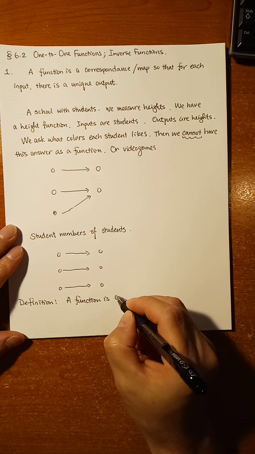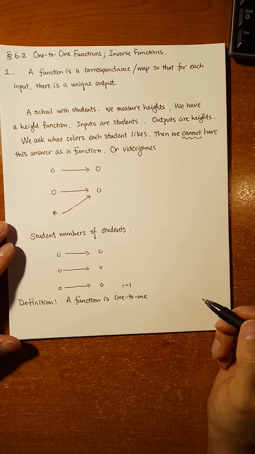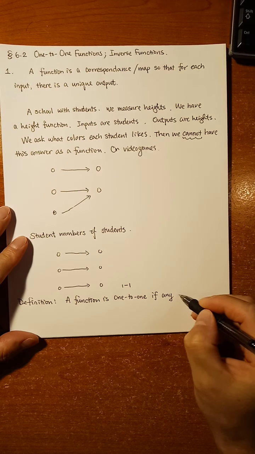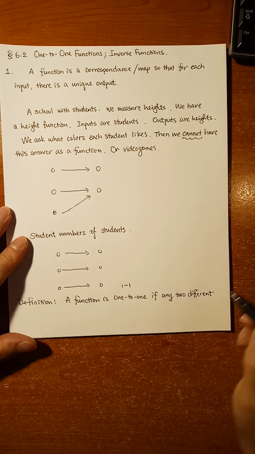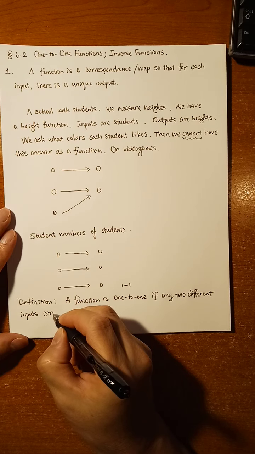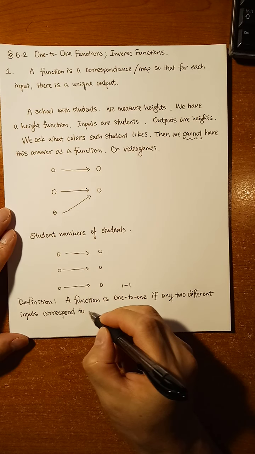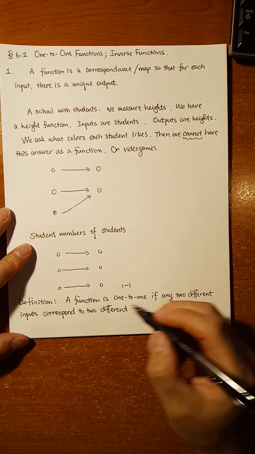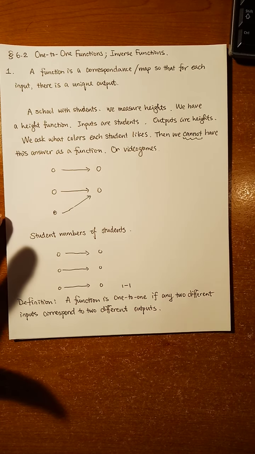A function is one-to-one, or if you want, you can just write 1-1, if any two different inputs correspond to different outputs. Okay, different input, different output.